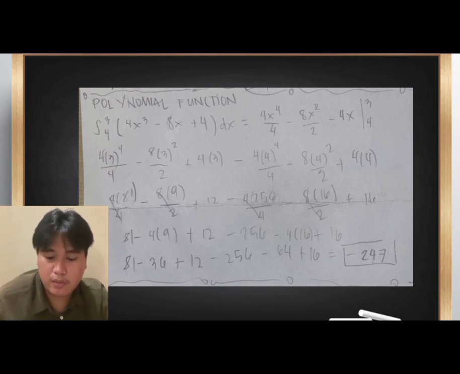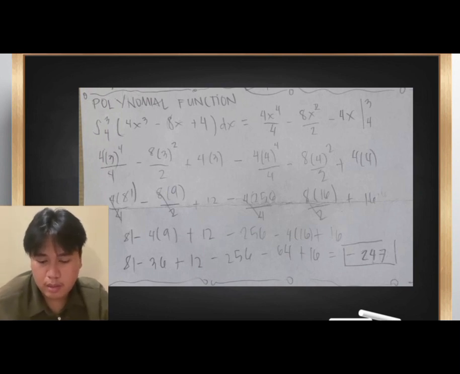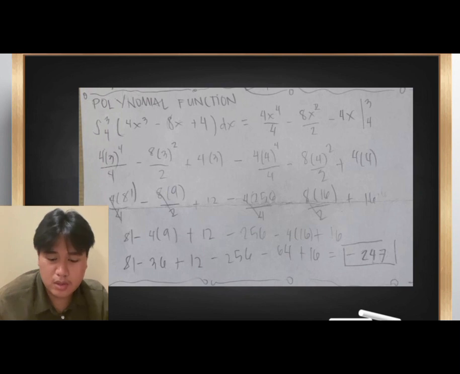We can cancel 4, which will be left with 81, and we can cancel 2 to 8, which will be 4 times 9, plus 12, minus, we can cancel 4, which will be left with 256, minus, we'll cancel 8 and 2, which will be left with 4 times 16, plus 16.